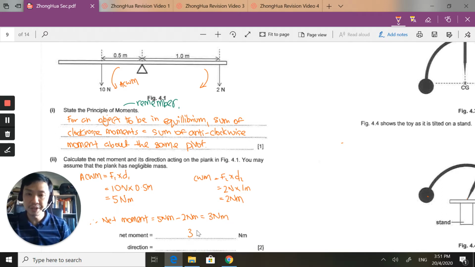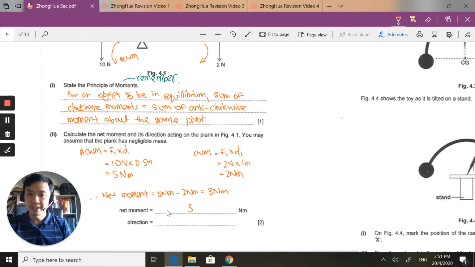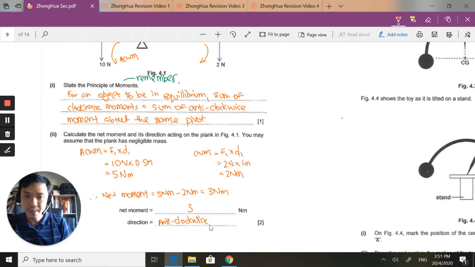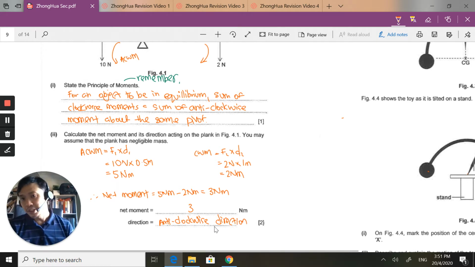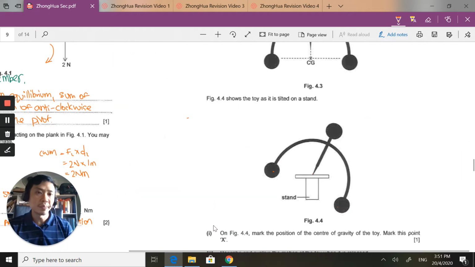So my answer is 3 Newton meter, and the anti-clockwise moment wins. Therefore, the direction of the net moment is in an anti-clockwise direction. Okay, so this is part A. Let's go on to part B now.